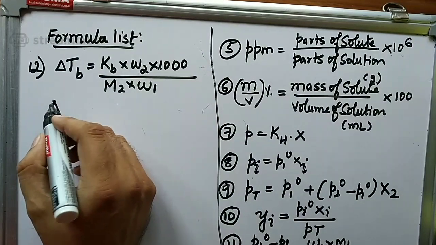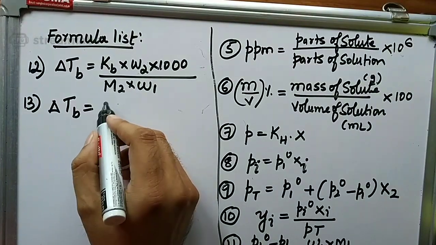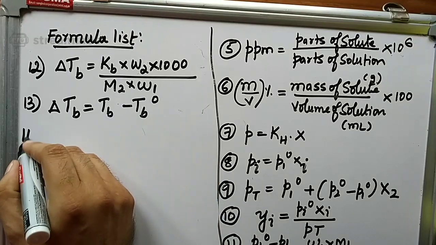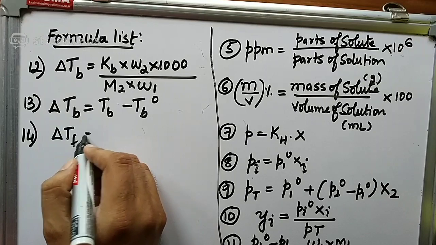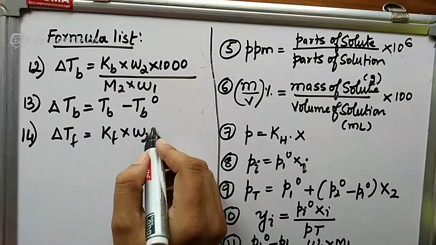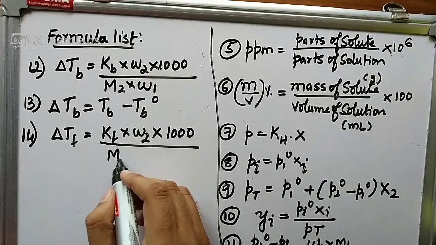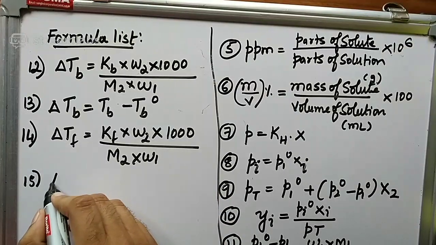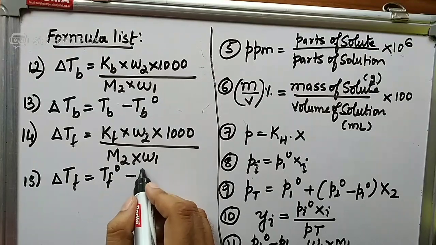And another formula that we have studied, 13th formula, delta TB, that is equal to TB minus TB naught. 14th formula that you need to remember is delta TF is equal to KF into W2 into 1000 divided by M2 into W1. And 15th formula that you need to remember is delta TF is equal to TF naught minus TF.